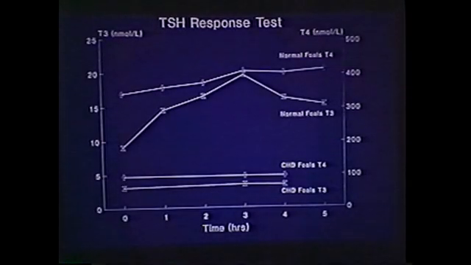And if you take those foals and you try to do a TSH response test, much like you would in any animal to confirm hypothyroidism, flatline. Here's some normal foals where you measure T3 or T4 post-injection of TSH, and you see a nice rise over 3 to 4 hours, versus the affected foals have a flatline response.